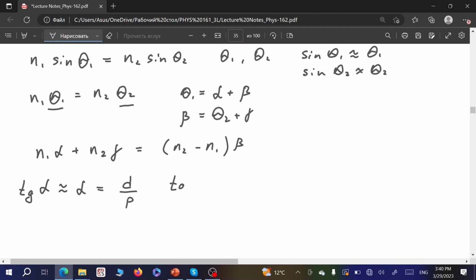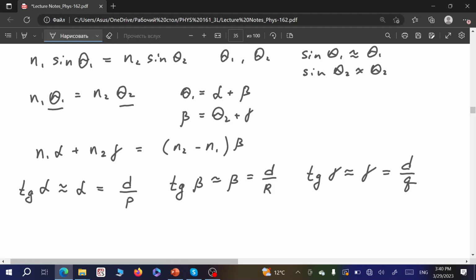Then tangent beta will be again approximately equal to beta, and that will be equal to d over r. And tangent gamma approximately equal to gamma, and that is equal to d over q.